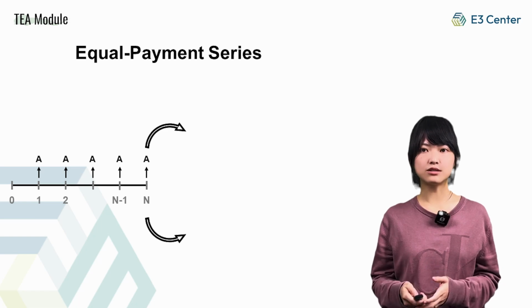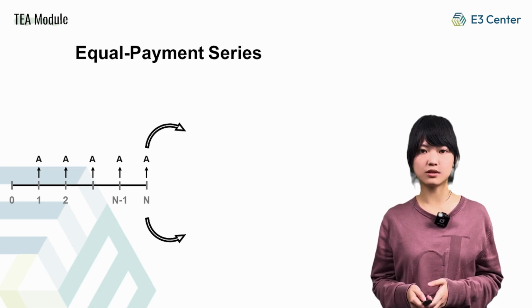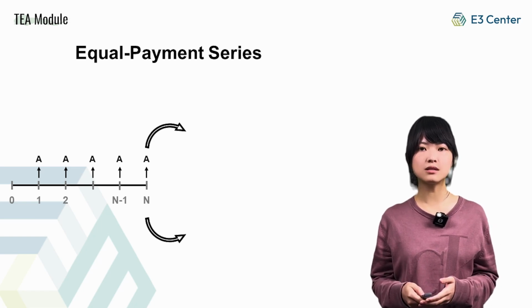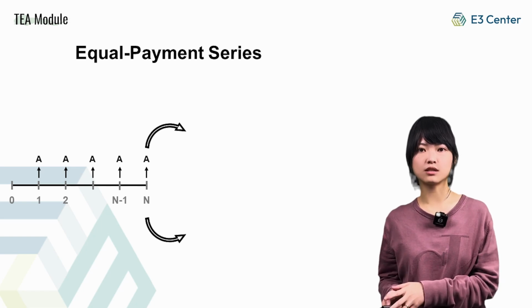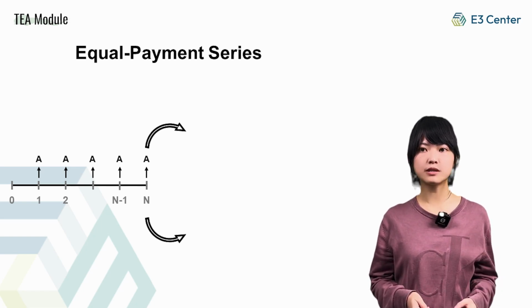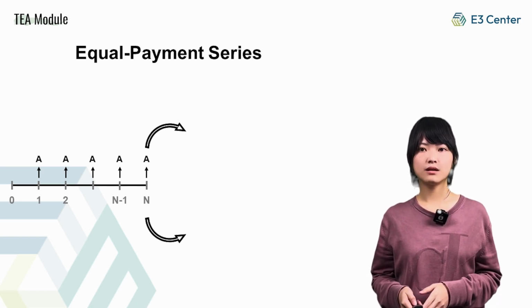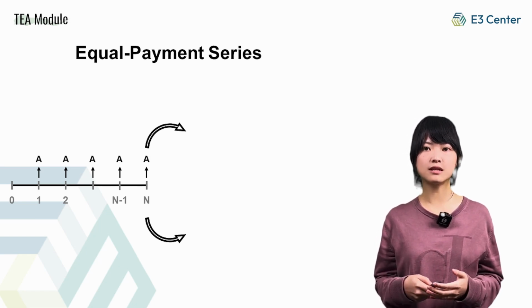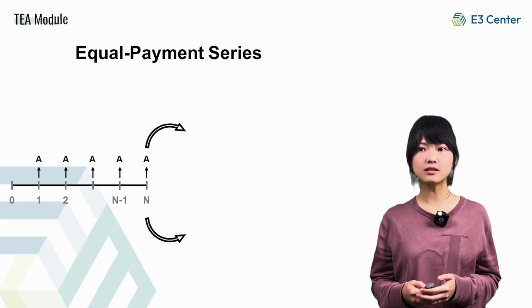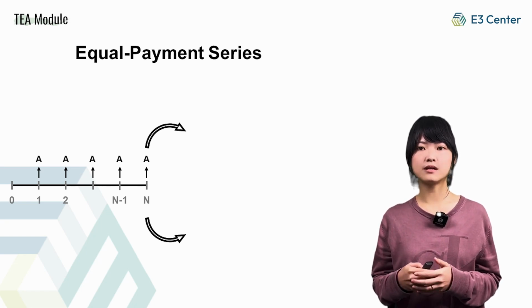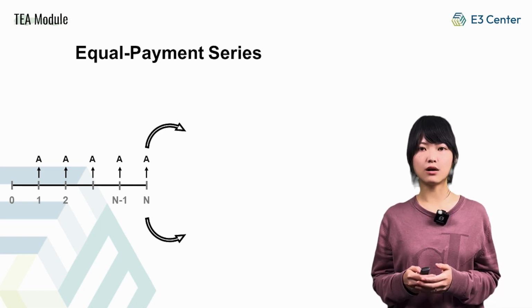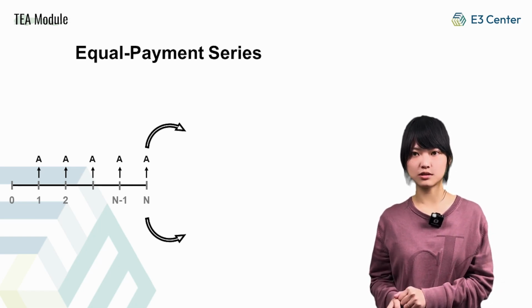Let's now delve into the concept of equal payment series in financial calculations. This is where we encounter regular identical payments known as A, made over a series of periods, stretching from the first period up to the period N. For example, if you are making annual payments on a loan or receiving regular annuity payments, understanding this series helps in calculating the total amount of money paid or received over time, adjusted for interest.